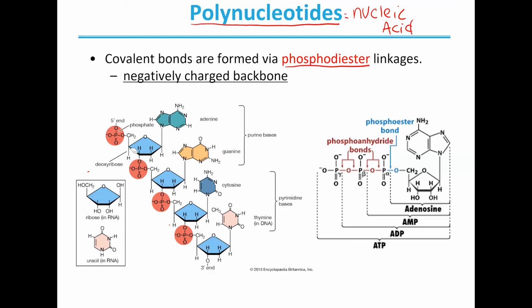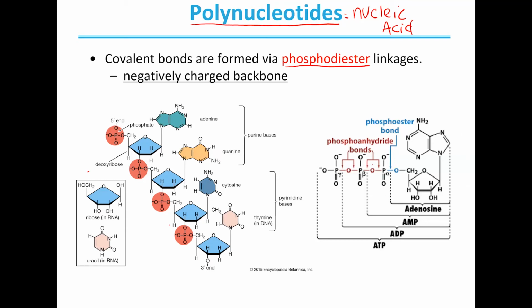Now, in the previous lecture, we did talk about other molecules that use nucleotides. And remember, we talked about things like AMP, ADP, ATP. These are all an adenosine backbone that have either 1, 2, or 3 phosphates coming off of them. And I've shown that here.